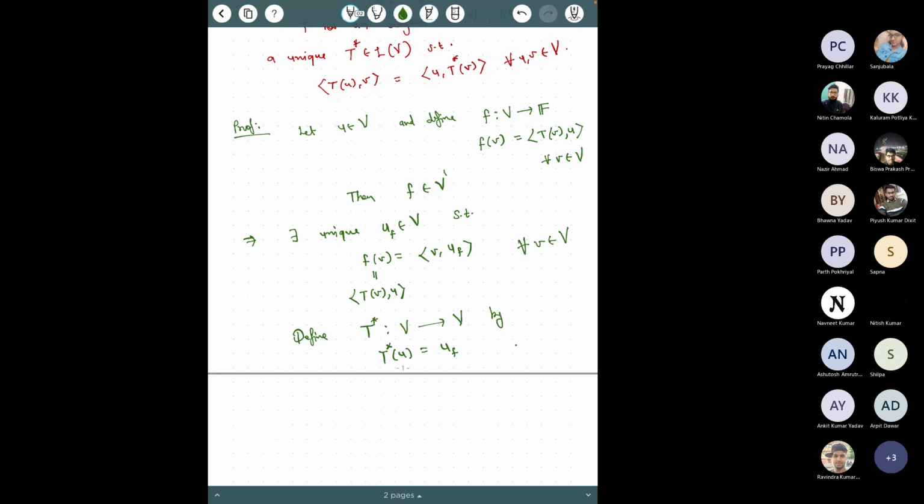It is very straightforward. If I call this expression star, then from star you can see that the inner product of T v with u is equal to the inner product of v with u_f, but u_f is just T star u. And this is true for all u and v in V.